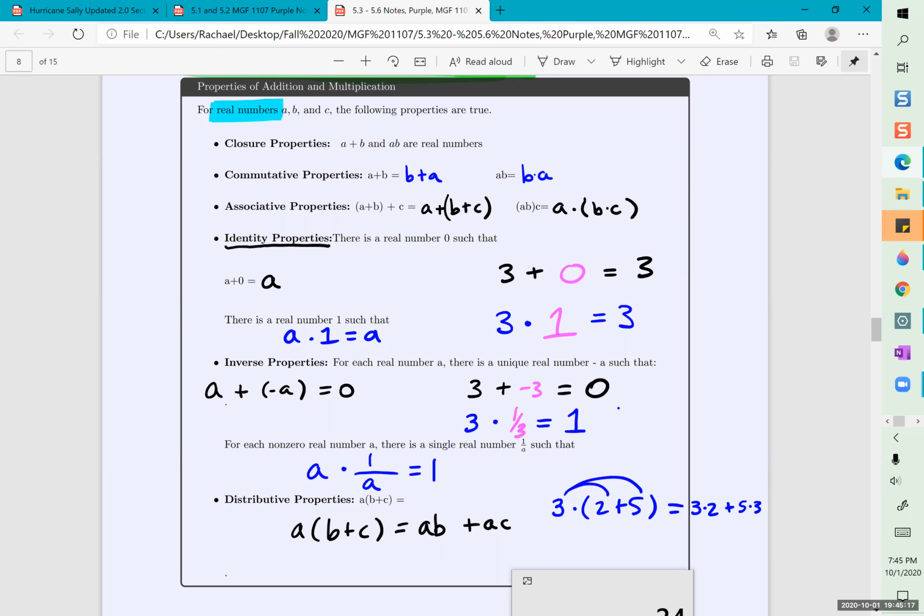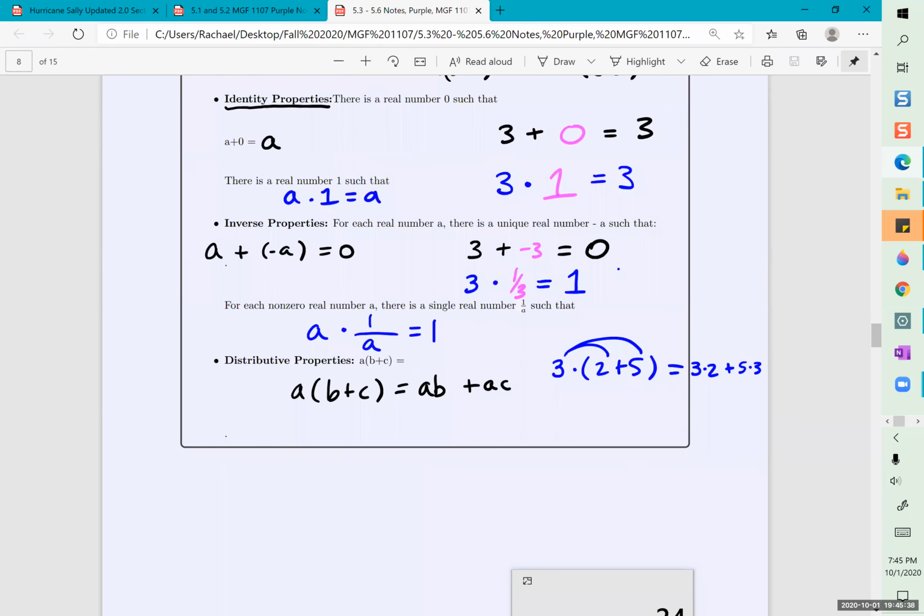For us, that's 0. Similar for multiplication, anything times 1 stays the thing that it is.